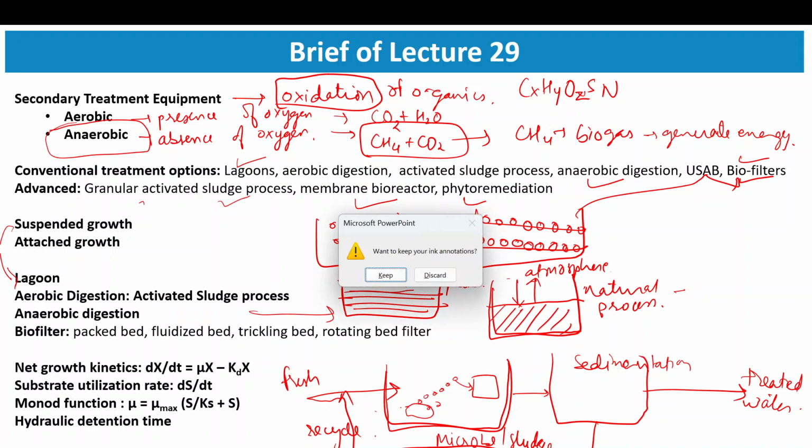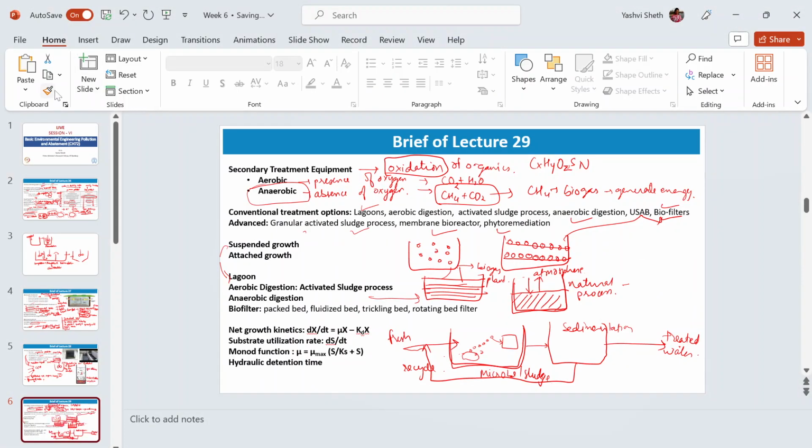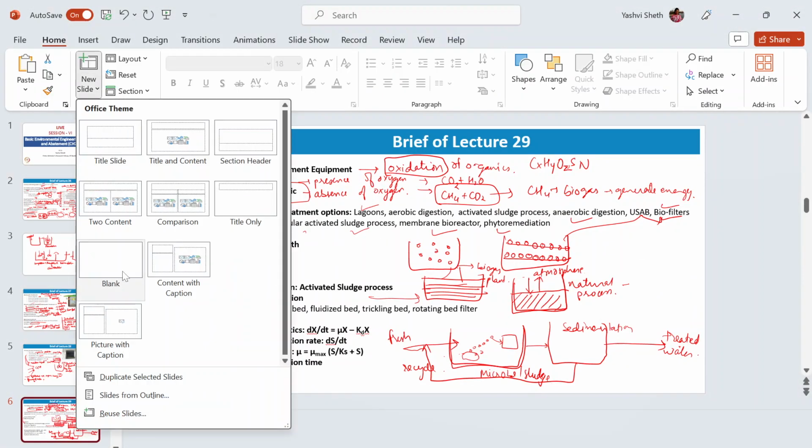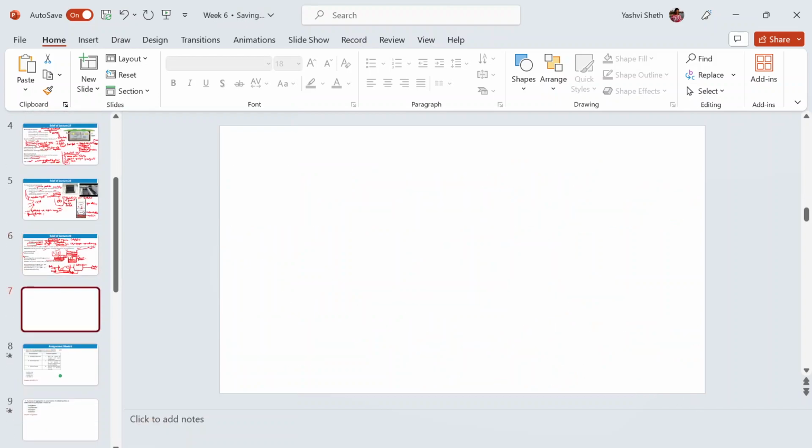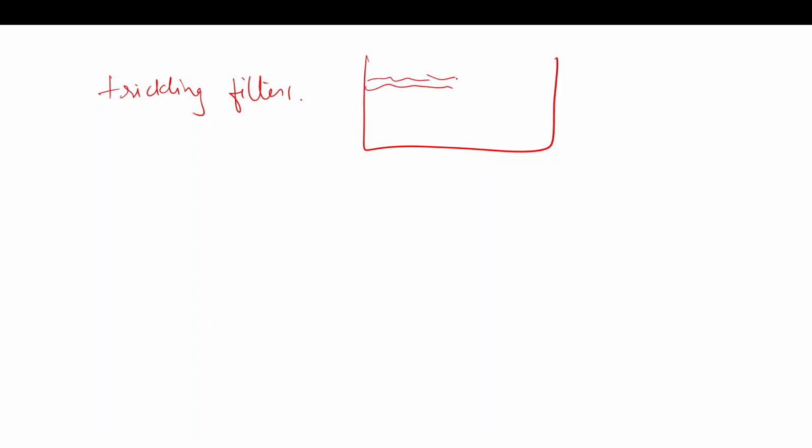Now, talking about biofilters, as I said, you provide a fixed surface for bacteria, so it can be in the form of trickling filters, where if you have some sort of packing here, then water is sprayed.